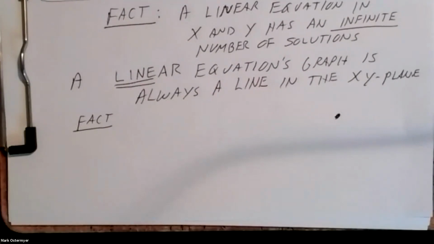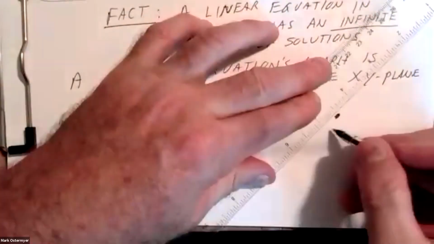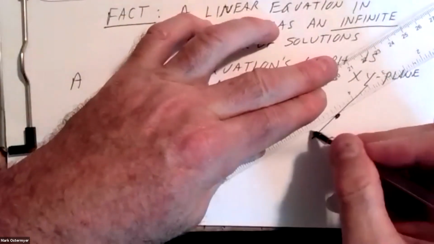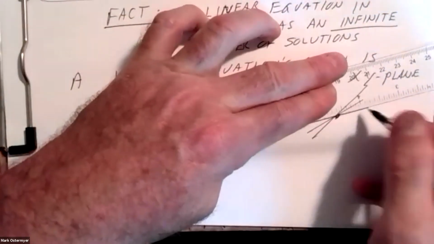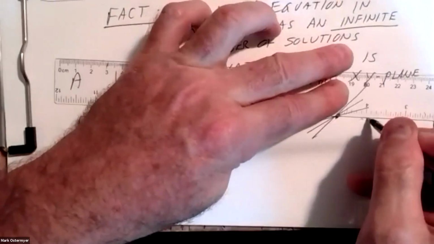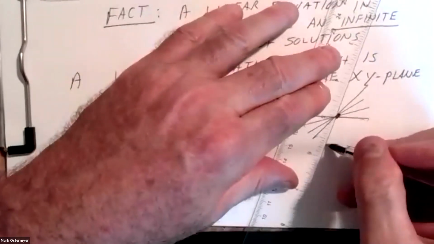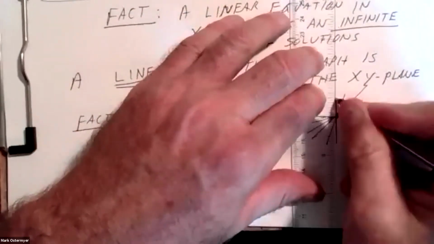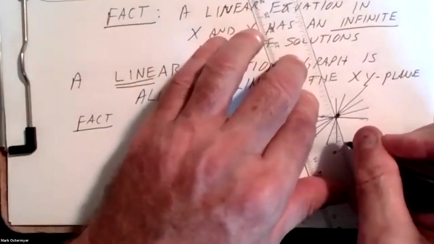What do you think? No. No, that's not good enough, because through 1 point in the XY plane, we could put an infinite number of lines. Do you agree? There's an infinite number of lines, ladies and gentlemen, that can be drawn that go through or contain that point.